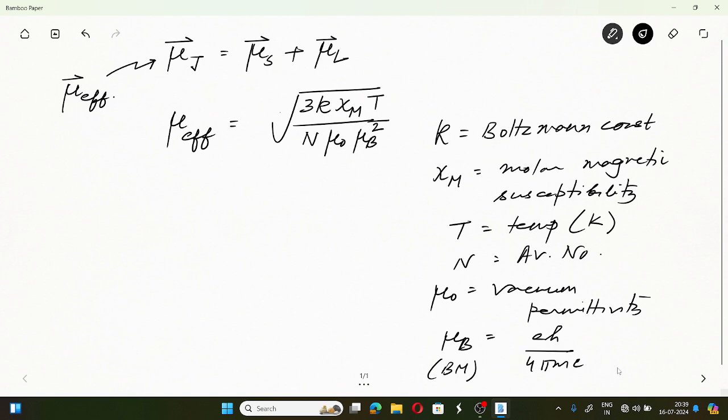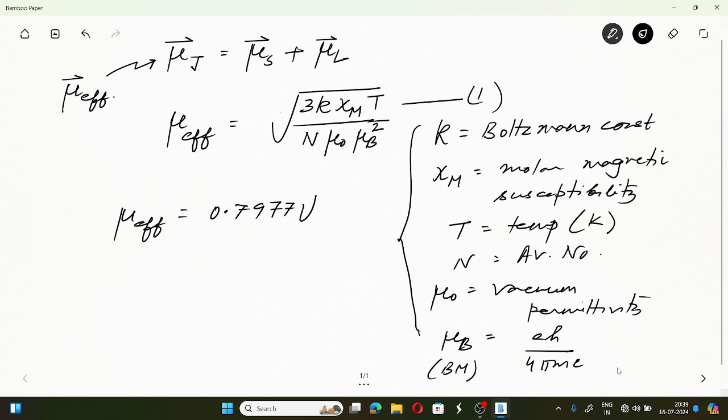So if these values are substituted in equation 1, this equation reduces to mu effective equals 0.7977 root of chi m into T. This is in SI unit.